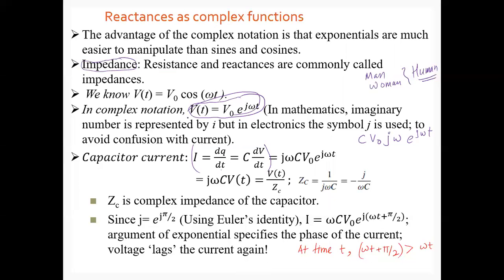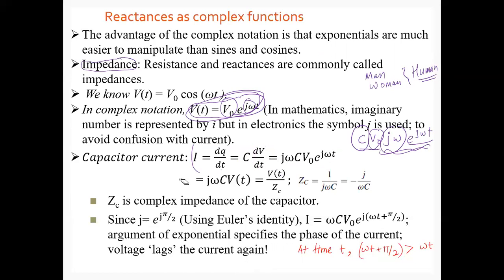If you take the derivative of this guy, C is already there. So dV over dt is V0 j omega e to the j omega t.